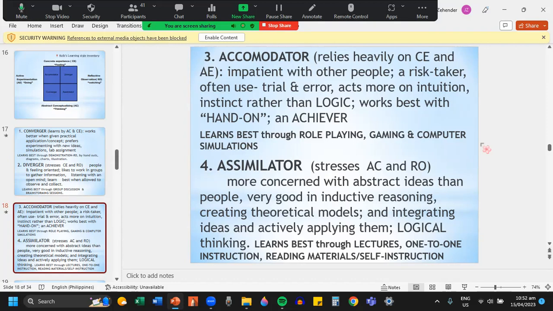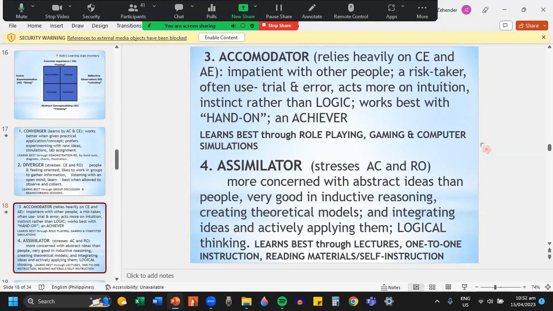Okay, they're very good in inductive reasoning, creative theoretical models, and integrating ideas and actively applying them. Okay, so they make use of logical thinking. Okay, so they learn best through lectures, one-on-one instruction, and reading materials, self-instruction.